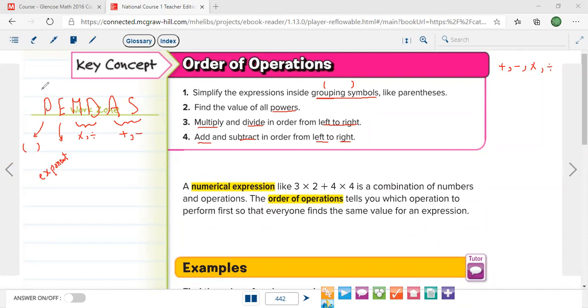So since we mentioned the letter P first, we must do parentheses first, then the exponent, then multiplication and division. Neither one is preferable to the other, so when they come together, we take it from left to right. Also, when addition and subtraction come together, we take it from left to right.